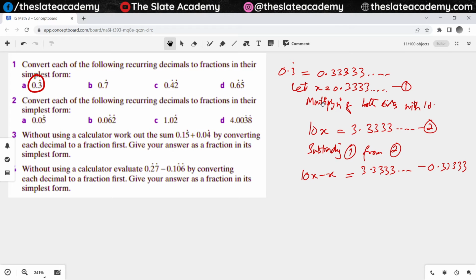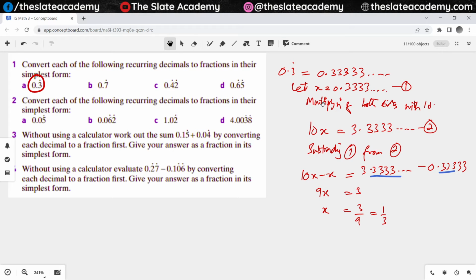So the left hand side gives me 9x, and on the right hand side all the 3's to infinity would be subtracted, so I would have just 3 left. That would give me x is equal to 3 by 9, which is equal to 1 by 3.